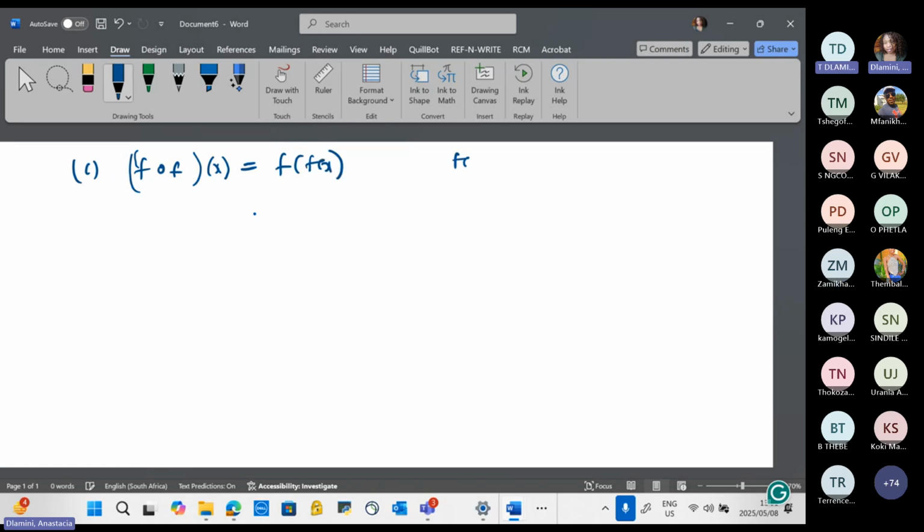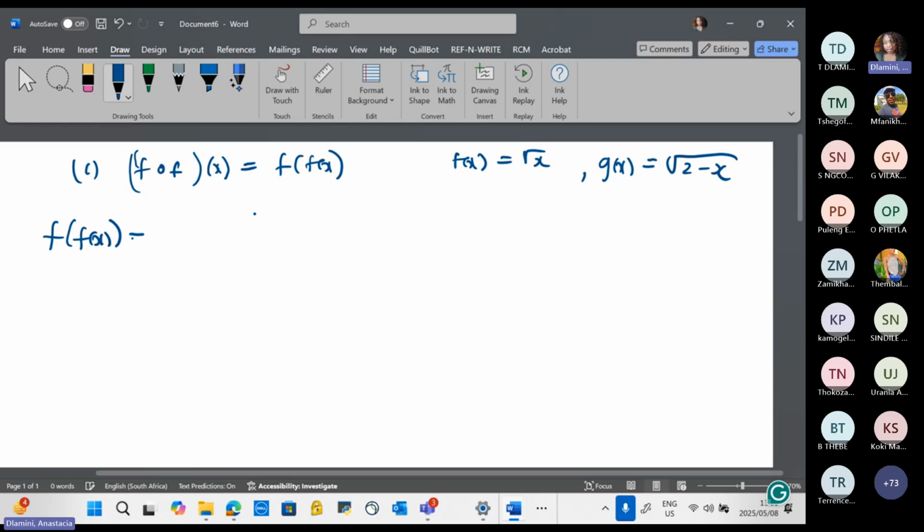And we know that f of x is the square root of x, and g of x is equal to the square root of 2 minus x. So f of f of x will be equal to the square root of f of x, which is the square root of the square root of x, which is the 4th root of x. Do we agree?